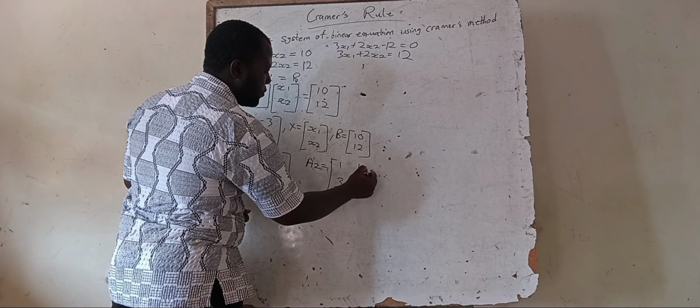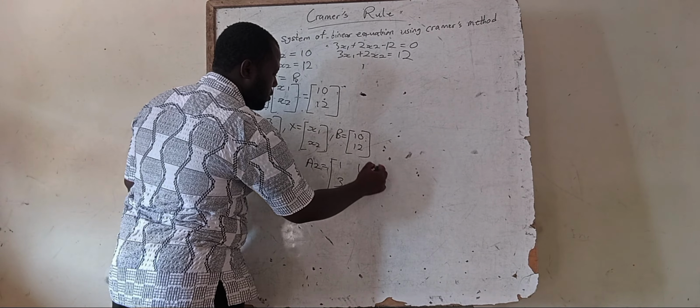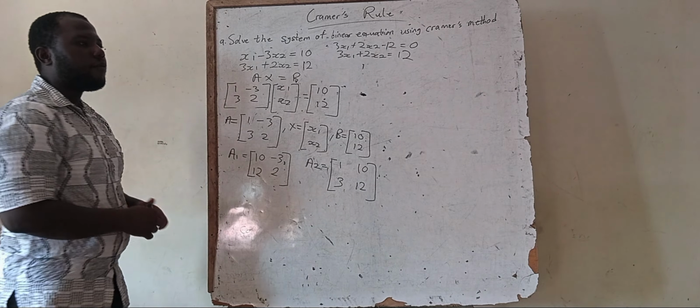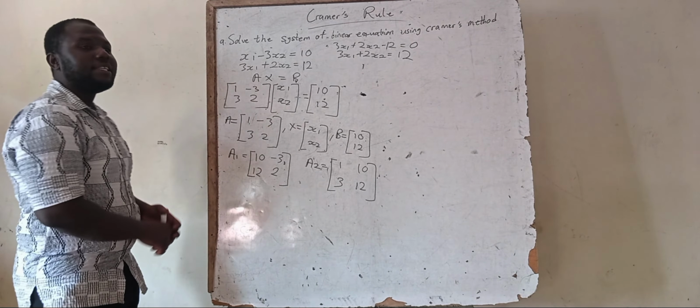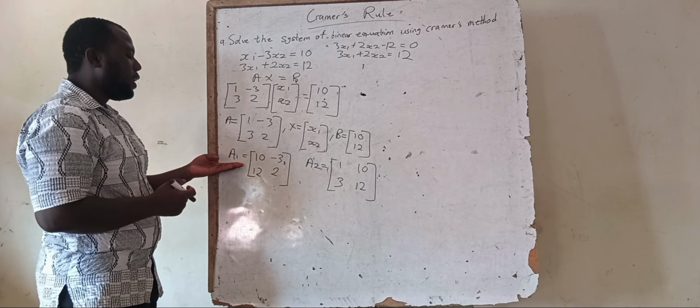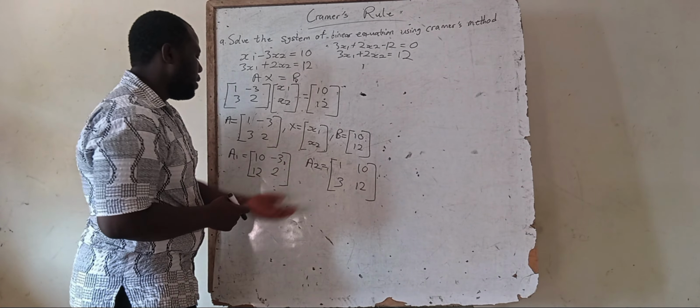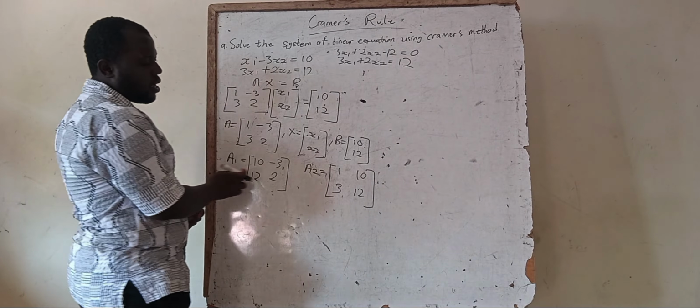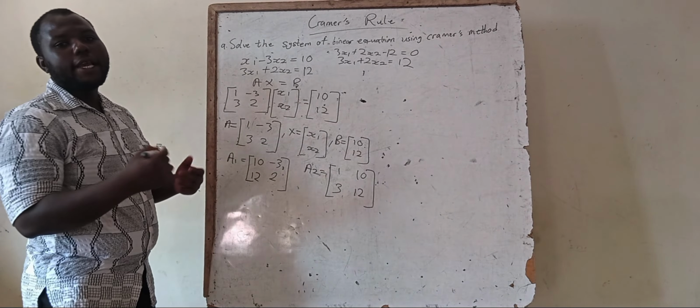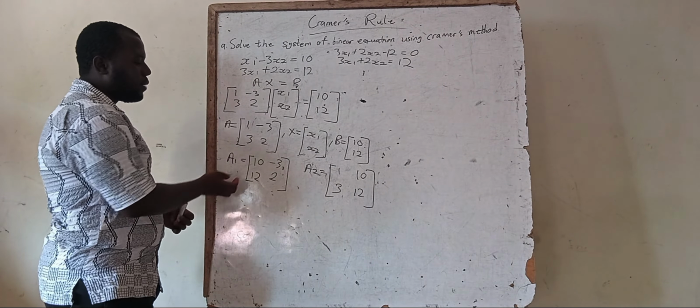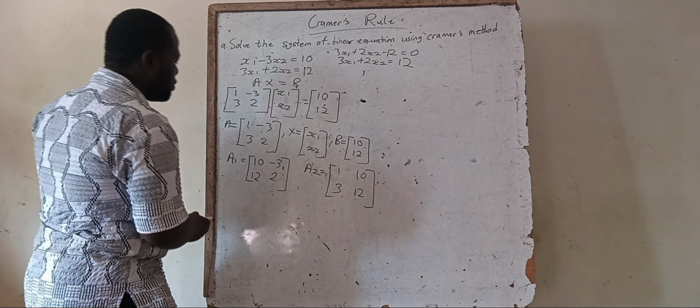So this is our A1 and A2. Then we go ahead to find the determinant of A1 and A2.